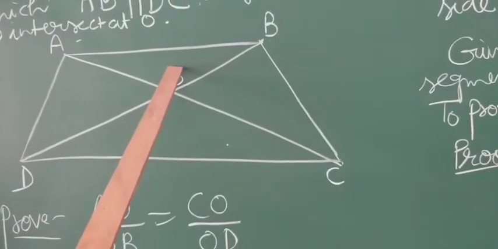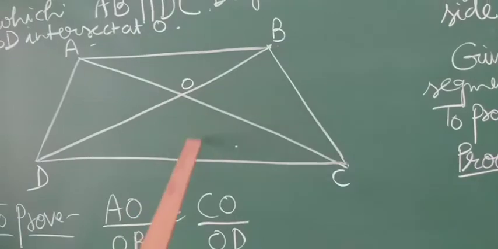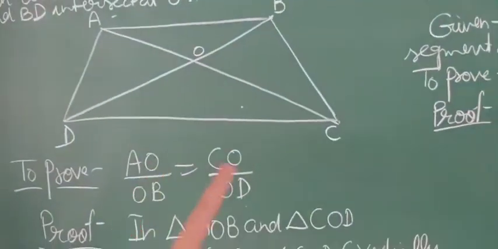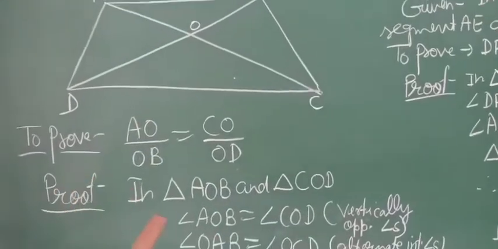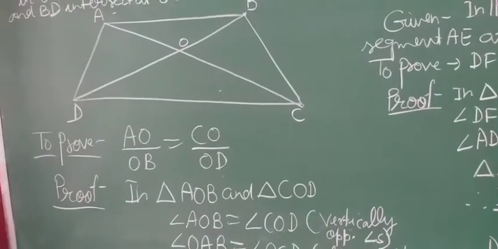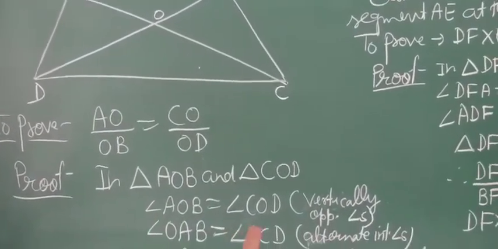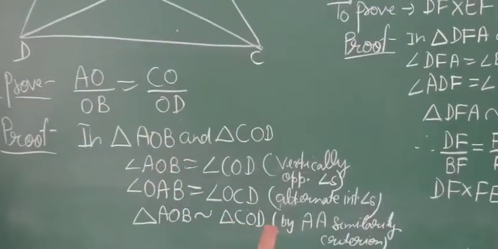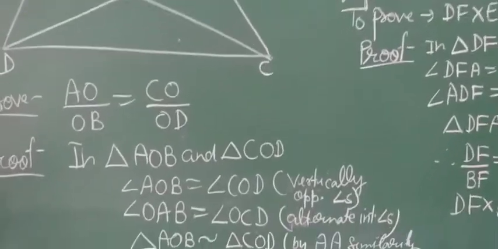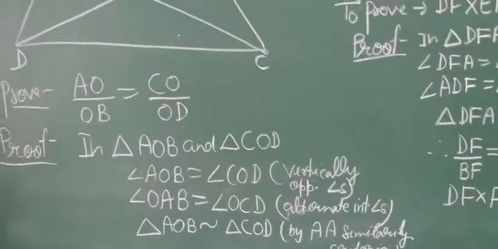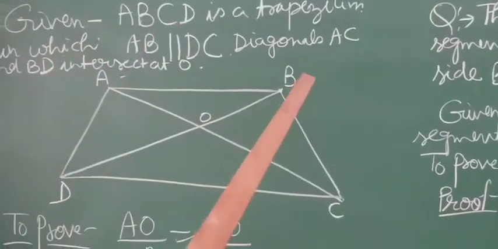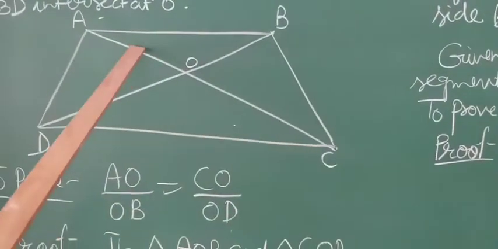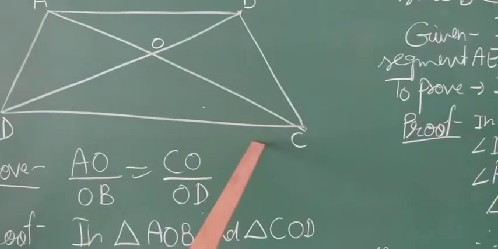That's why I am going to show the triangles AOB and COD similar. Students, angle AOB equals angle COD, vertically opposite angles. Angle OAB equals angle OCD, these are alternate angles.